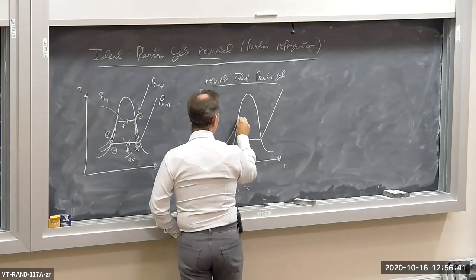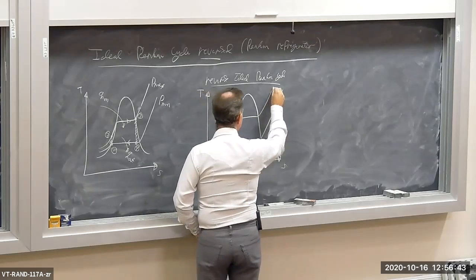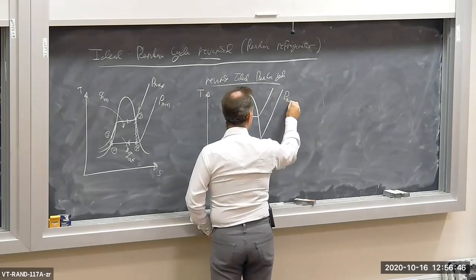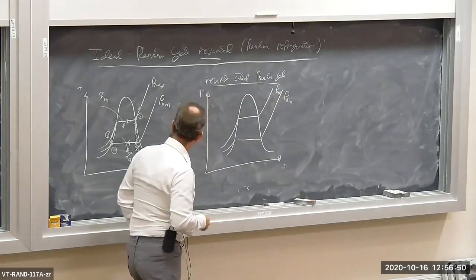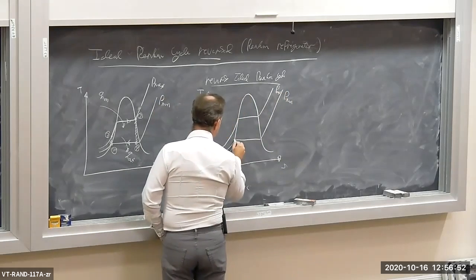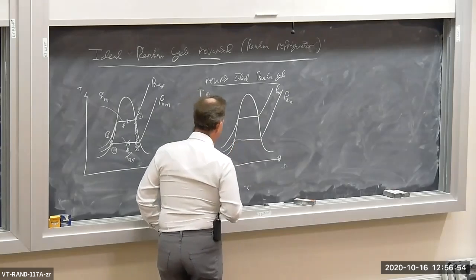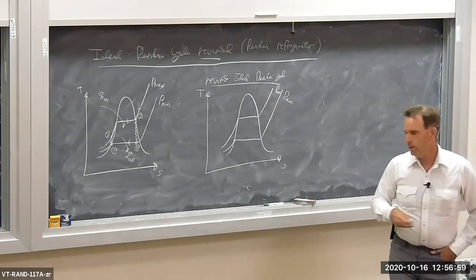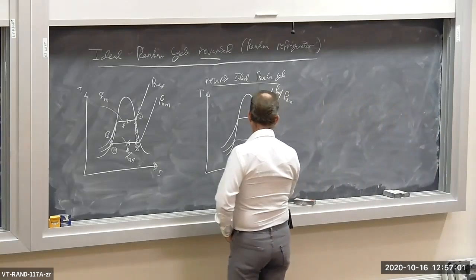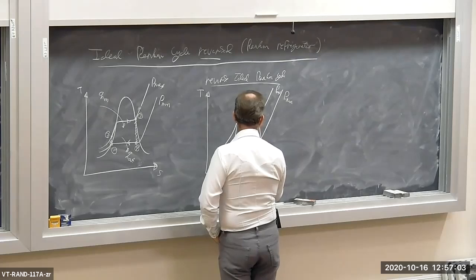And here's our P max. Okay? And so we start off again. Okay, so we're going to run this in reverse order. So let me make state 1 right here at the bottom.